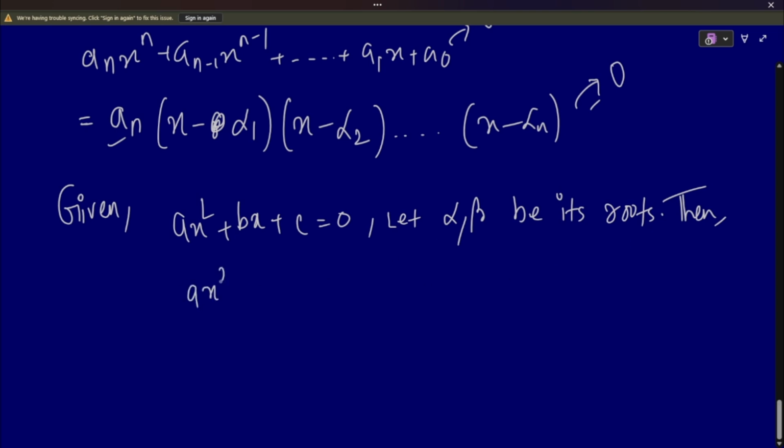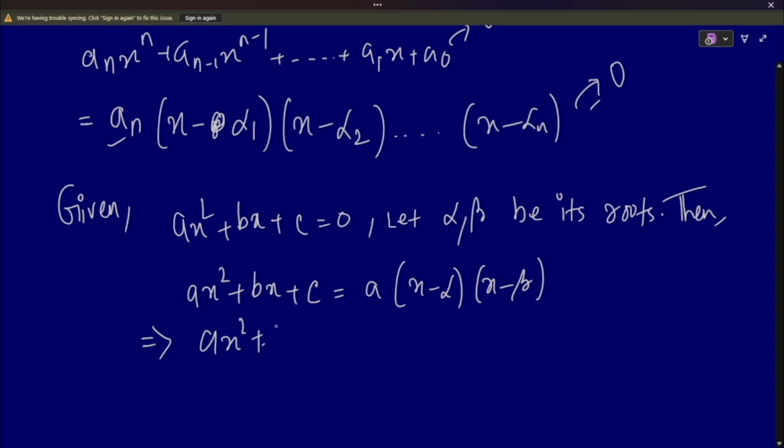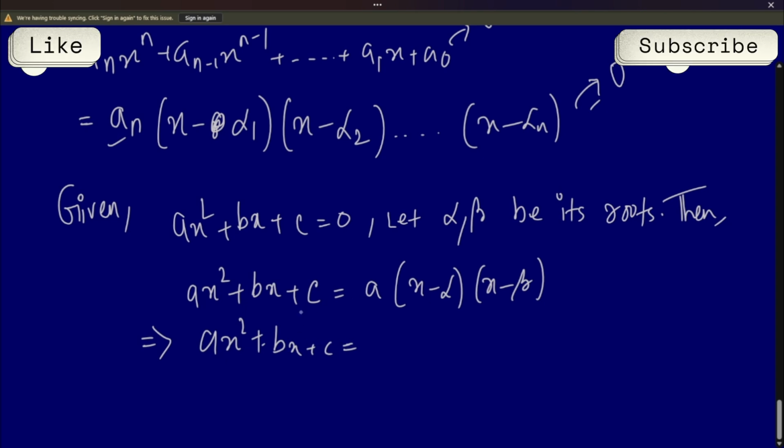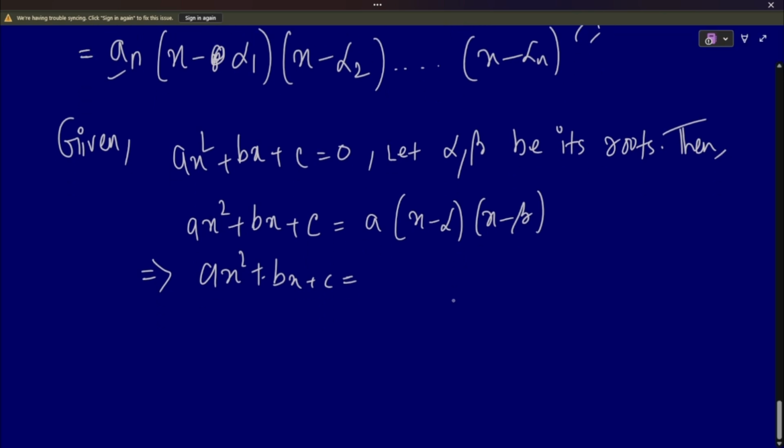We can write ax square plus bx plus c equals a times x minus alpha into x minus beta, correct? And now this is an identity according to the fundamental theorem of algebra, and that is why whatever we do on both sides are always equal for all possible values of x. This is an identity basically. It's like saying 2 equals 2. But what we can get is the relationship of the roots alpha and beta with each other. That is very important for a lot of purposes and obviously for sums that we'll be encountering later on.